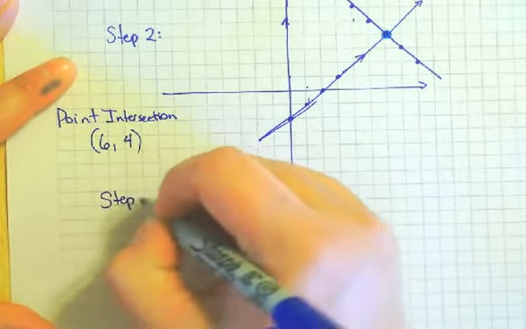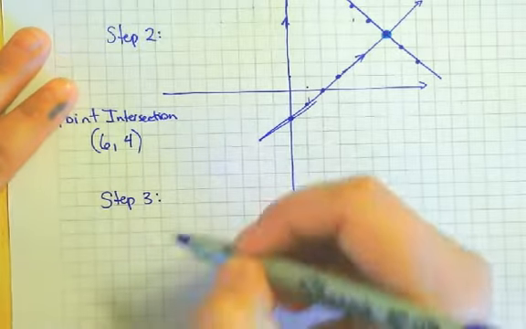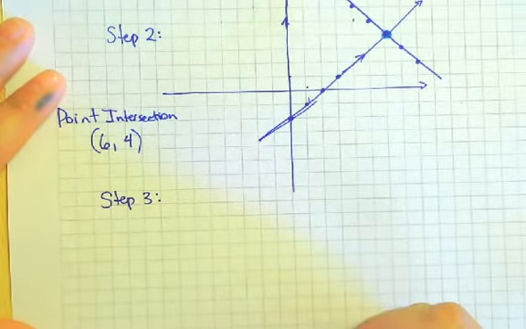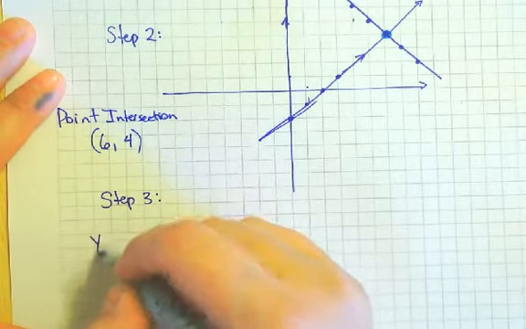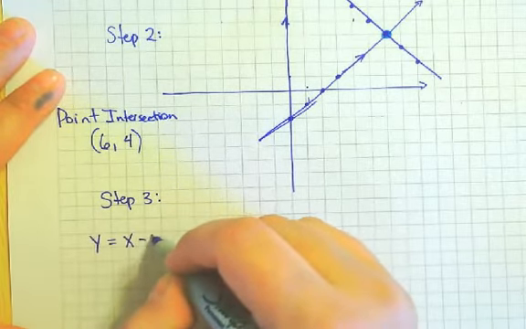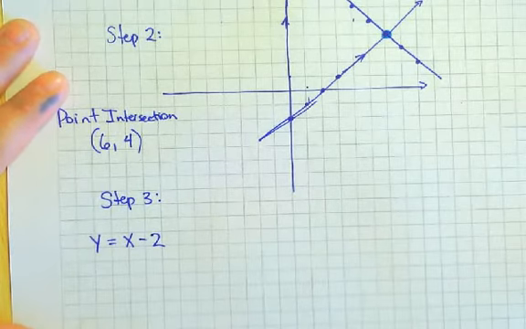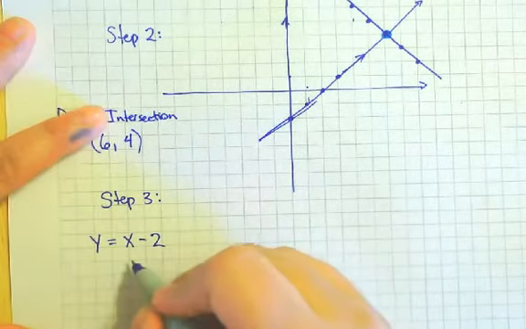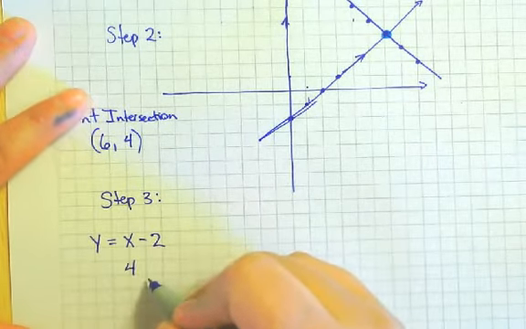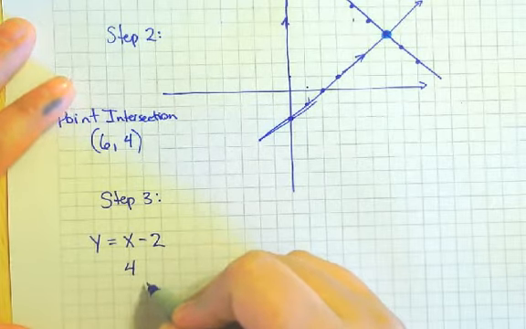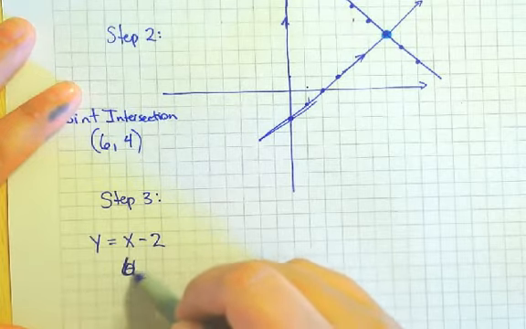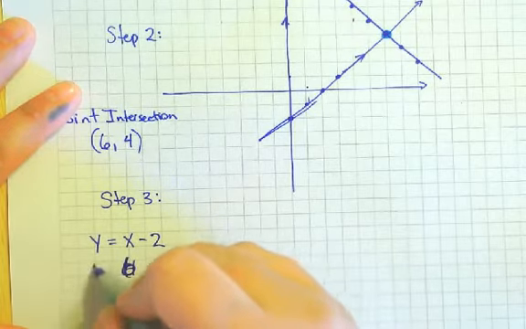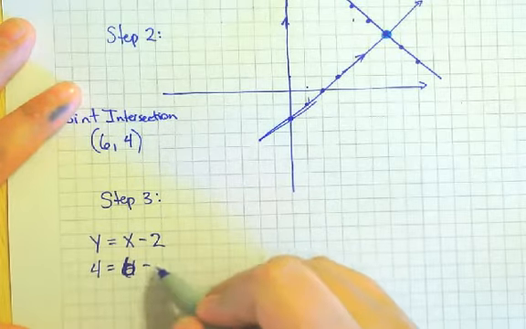Now we're going to do step 3. Step 3 is the substitution. So let's go ahead and take the first equation, y equals x minus 2. I'm going to go ahead and substitute. This is 4. Oops, I'm sorry. This is 6. I apologize. And this is 4.